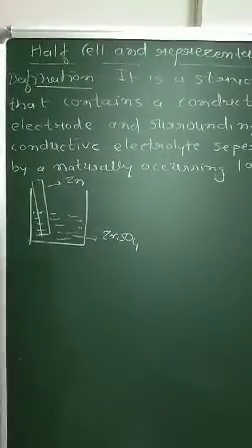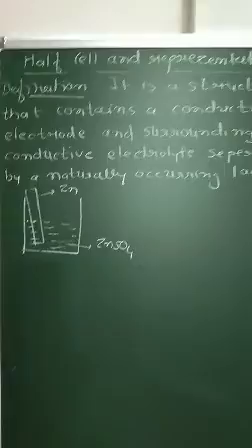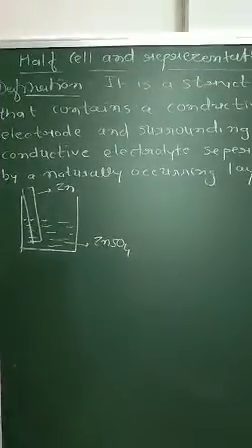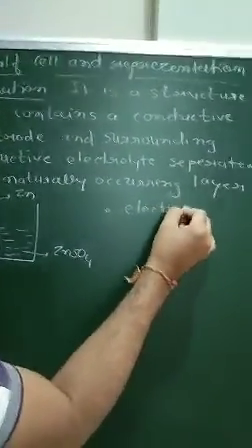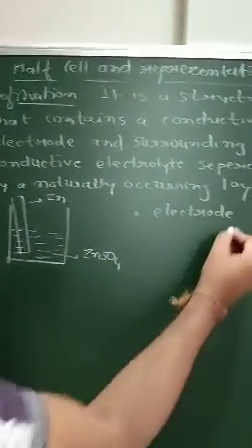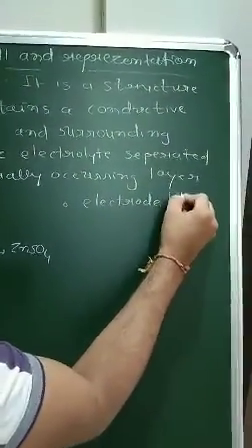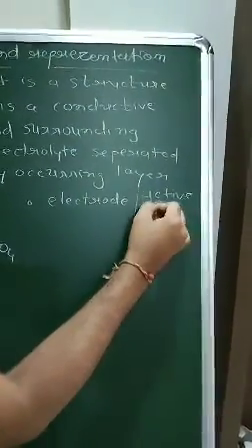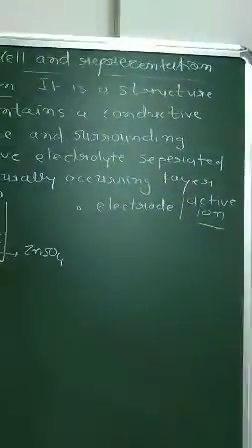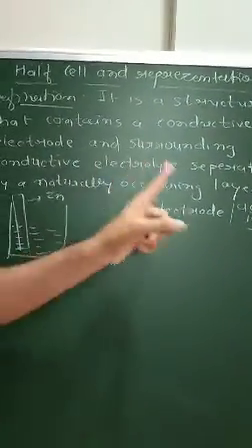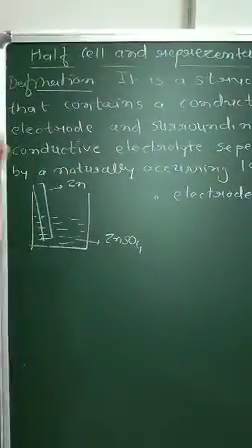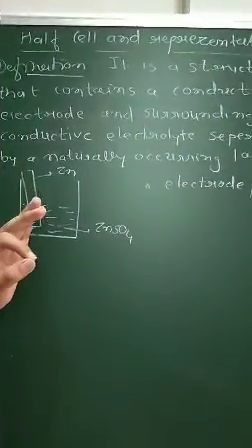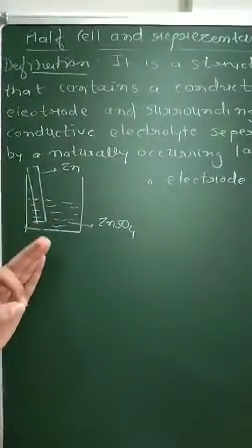So the question arises in our mind, how can we explain the representation of half cell? In half cell, two important parameters are there.